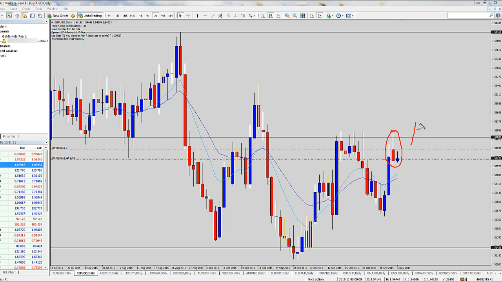Price tried to move higher, that move higher was rejected, and then price moved further lower into the session and closed much lower than the open price. So here's that initial rejection, and then we continue to move lower and get that bearish body in the candle's anatomy. So I really like these thick body signals.